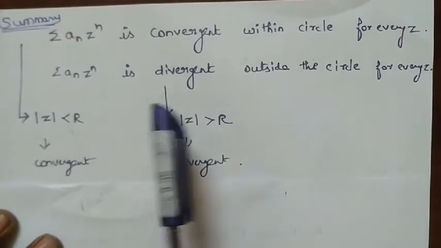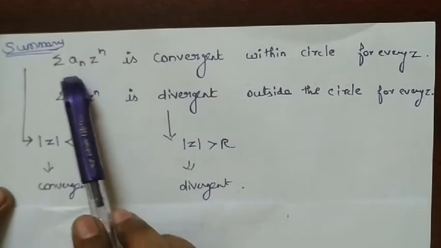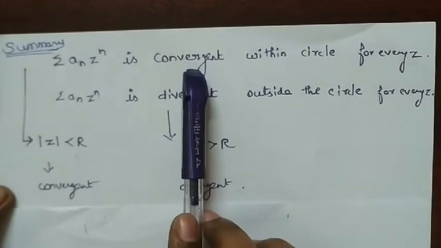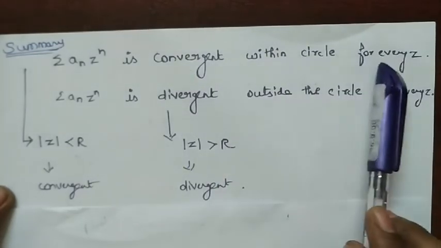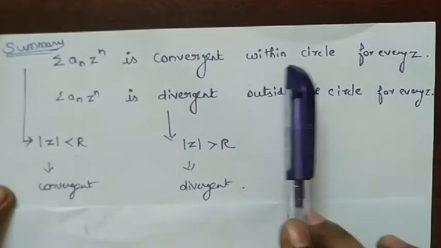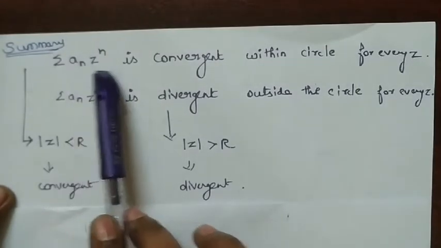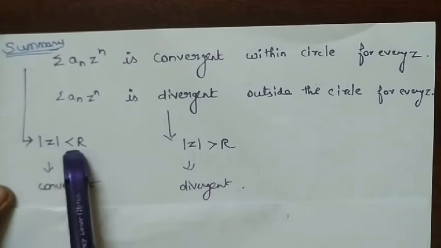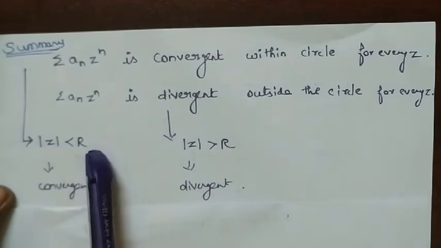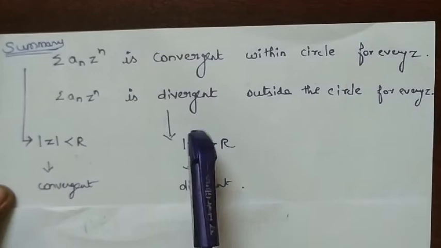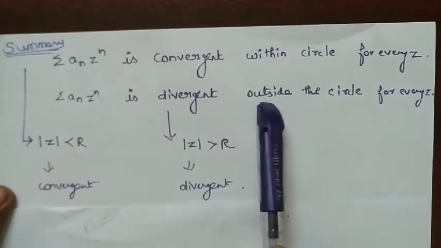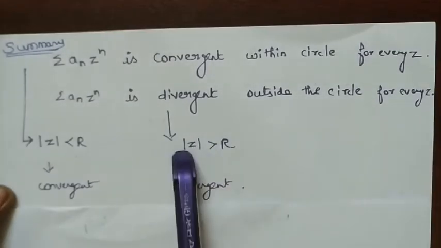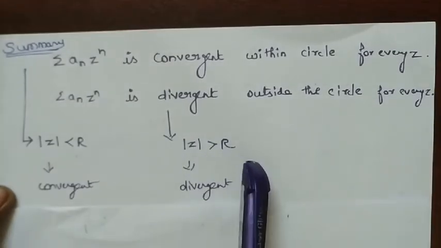We can see a summary of the theory part. Summation an z^n is a power series. This series is convergent when z is within the circle, which means modulus of z should be less than r. Divergent means z lies outside the circle, and then modulus of z will be greater than r.